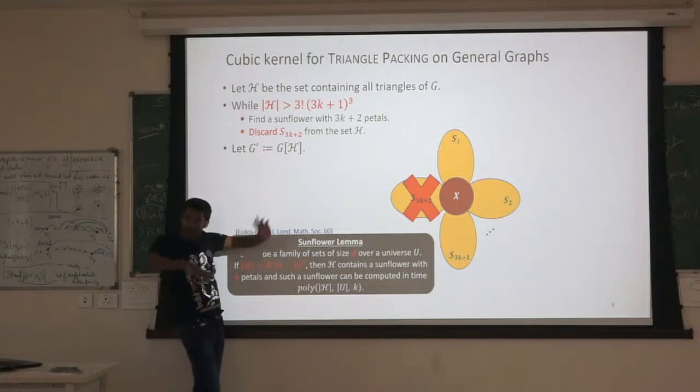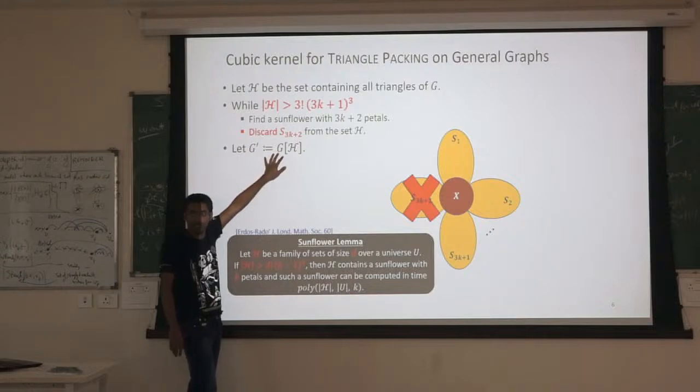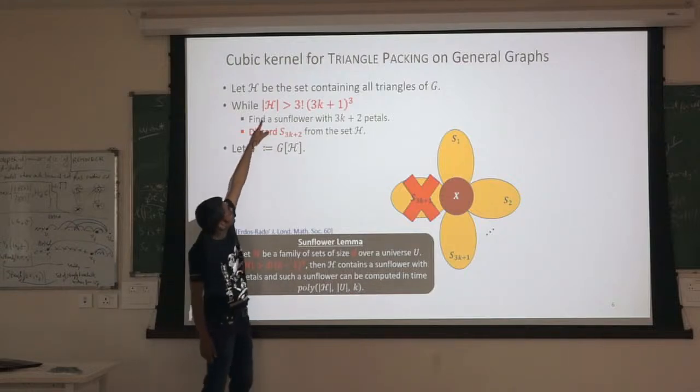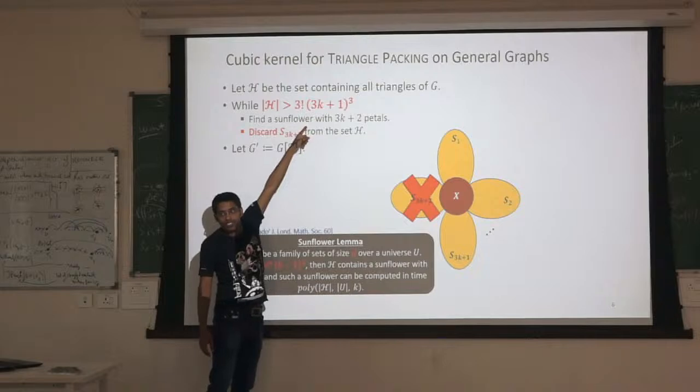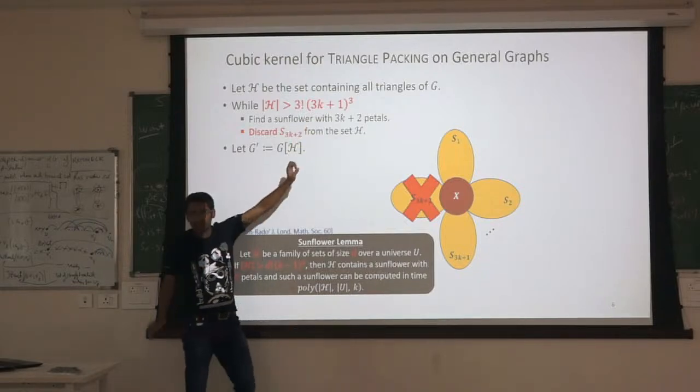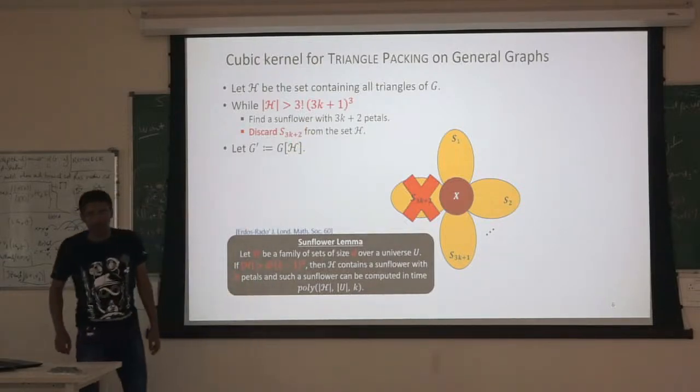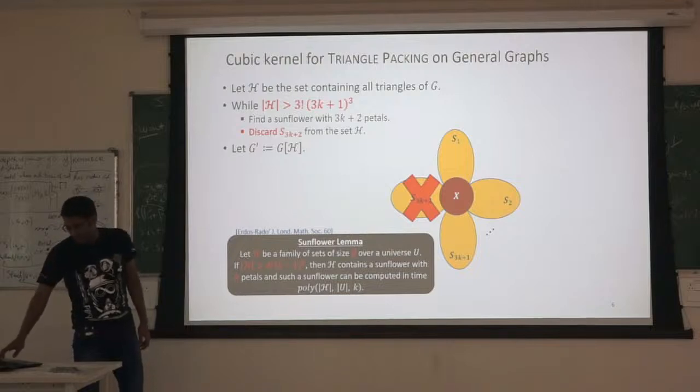If you start with any arbitrary graph, you have a bound on the triangles, which is exactly k cube in some sense, asymptotically, order k cube.